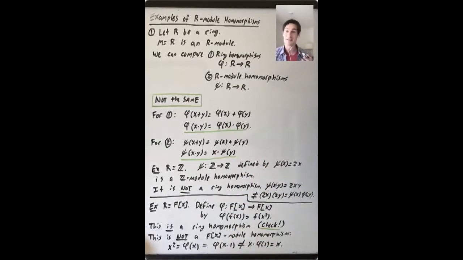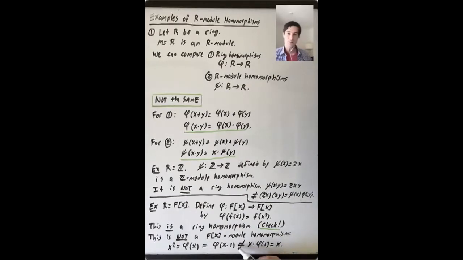But this is not an F[x] module homomorphism. Why not? Well, x squared is phi of x, which is phi of x dot 1. When you think of F[x] being a module over itself, the action of elements of your ring on elements of your module is just multiplication. So this is phi of x dot 1. x dot 1 is x.